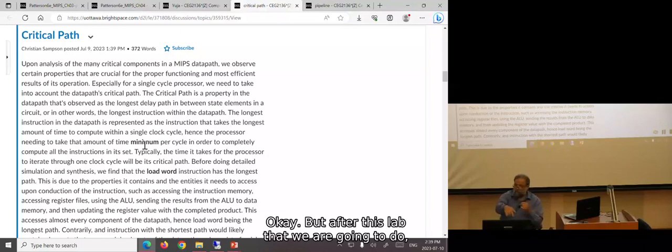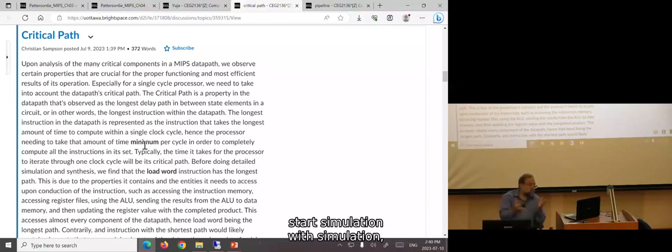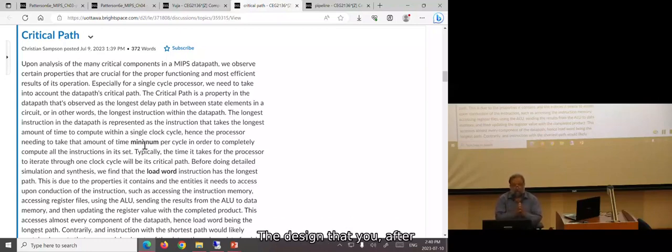But after this lab that we are going to do, you could also have a Verilog file to represent your design. After you finish your design, you start simulation. With simulation, you make sure that the functionality is okay, and it does whatever you wanted the design to do.